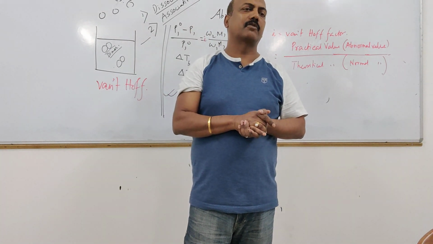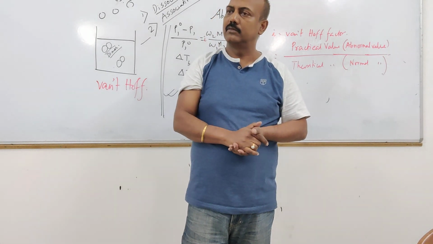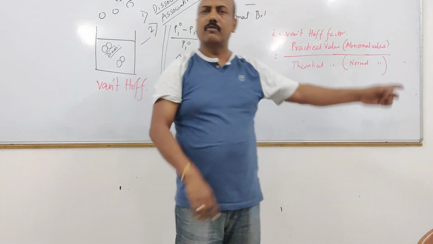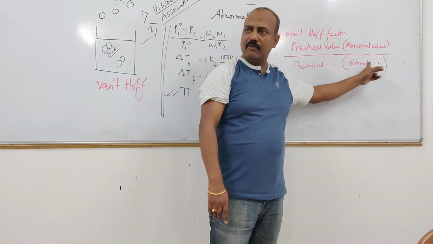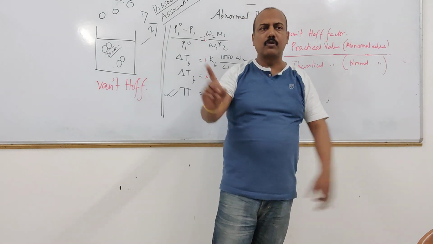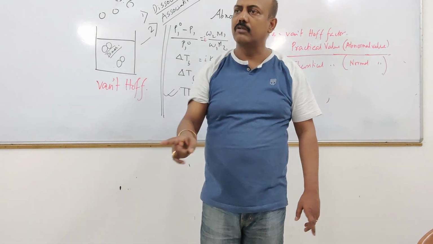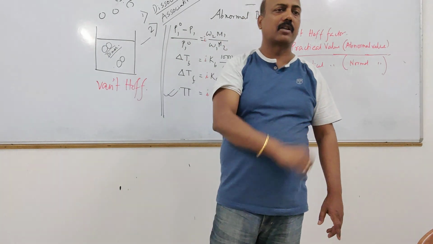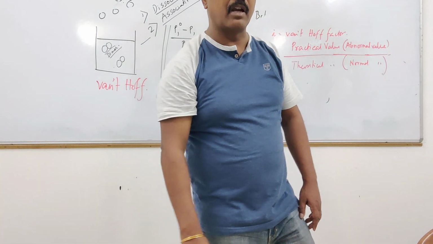The confusion comes because you see only abnormal and normal, you don't see the next term. I wrote abnormal value by normal value, but in the book or in the study mat it is written normal molar mass divided by abnormal molar mass. The difference is in the value and the molar mass.